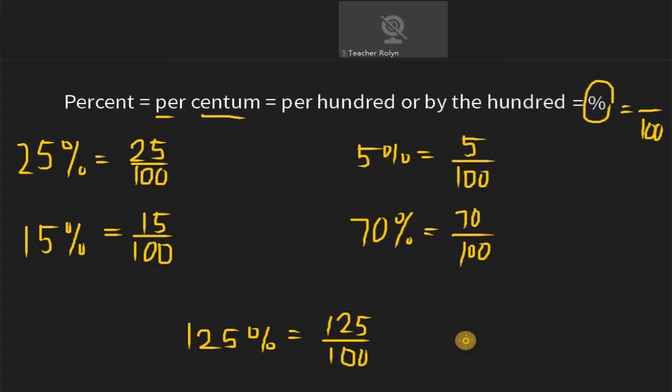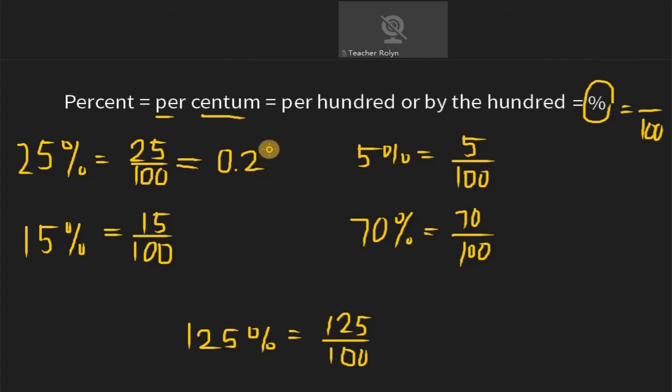But before we proceed to percentage of a quantity, let us first learn how to convert percent to decimal. Okay, kailangan natin yan sa pag-multiply mamaya. Alright, so naalala nyo pa ba on how to divide by 100? So if you have your calculator, you can divide 25 by 100 and that will give us 0.25.